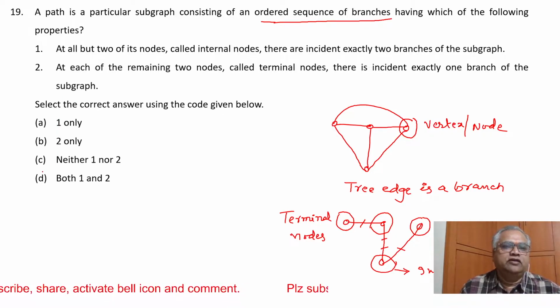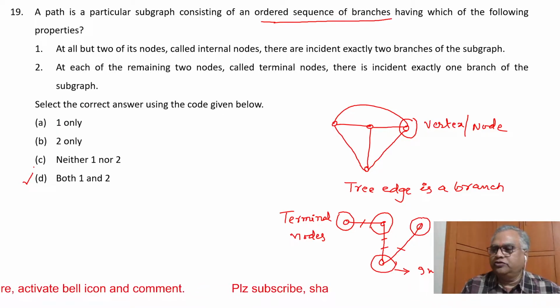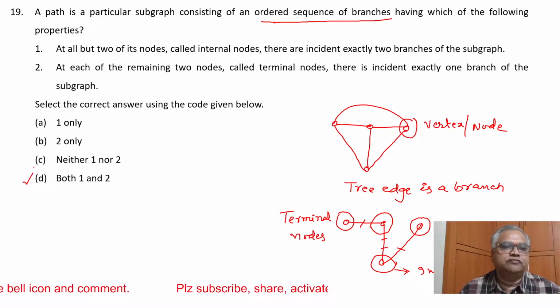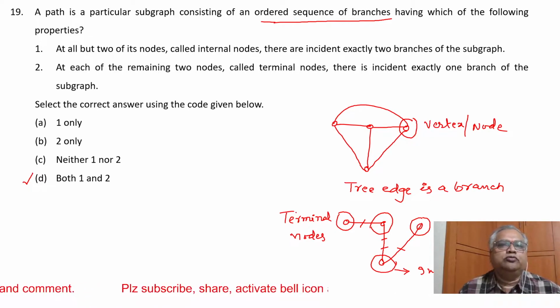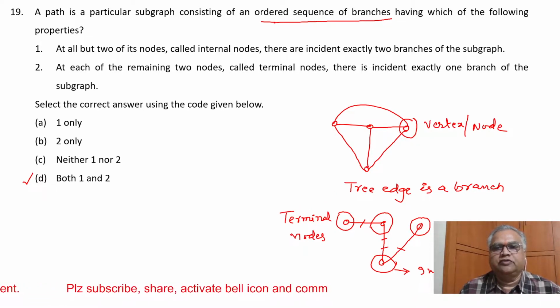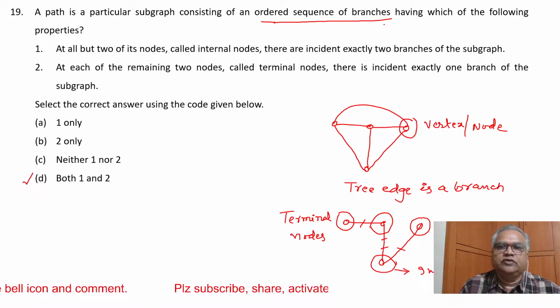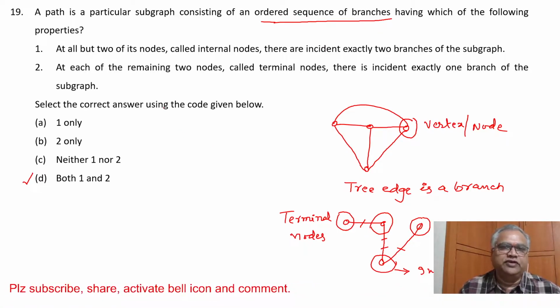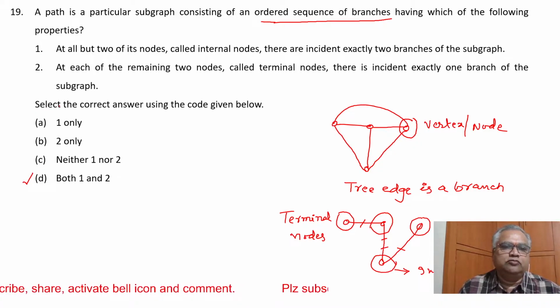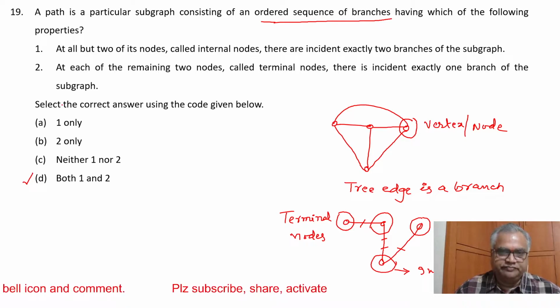That's why both 1 and 2 are correct. If you draw the subgraph like this only, as an ordered sequence of branches. If you take it another way, it will not be satisfied. Under this condition, these two statements are satisfied, so we can answer both statements 1 and 2 are correct.